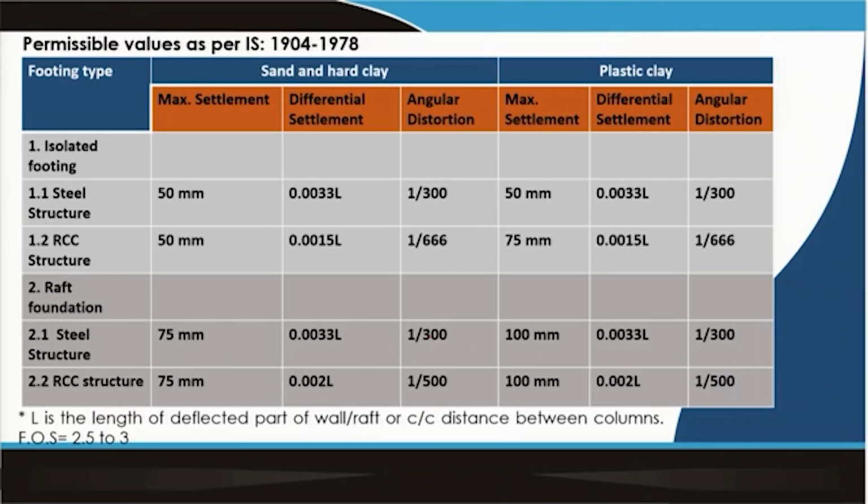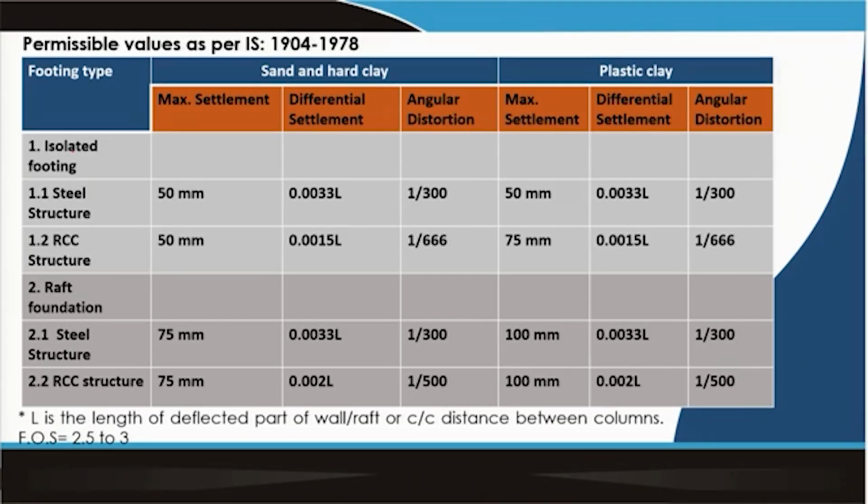Now, when you are talking about the permissible values of settlement, here as per the IS code, for different foundations on different types of soil, the permissible settlement values are given. So, this is the chart for the permissible settlement value. For isolated footing, whether it is steel structure or RCC structure, the permissible settlement on sand or hard clay is 50 millimeter, and for raft foundation this is 75 millimeter.